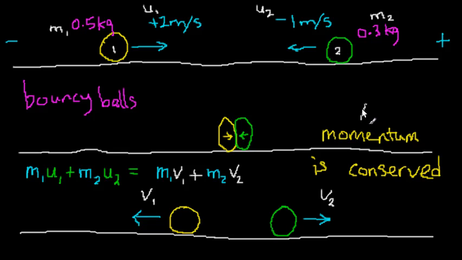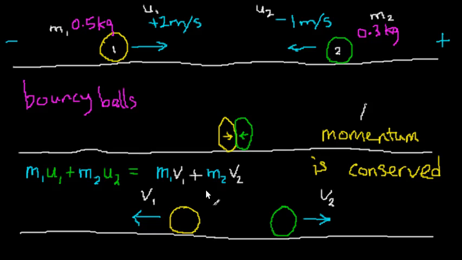Now you can just imagine that if after they collide, we give, say, the yellow ball a push, then surely that must change its momentum and it's not the same anymore. So there is a condition. There must be no other force.